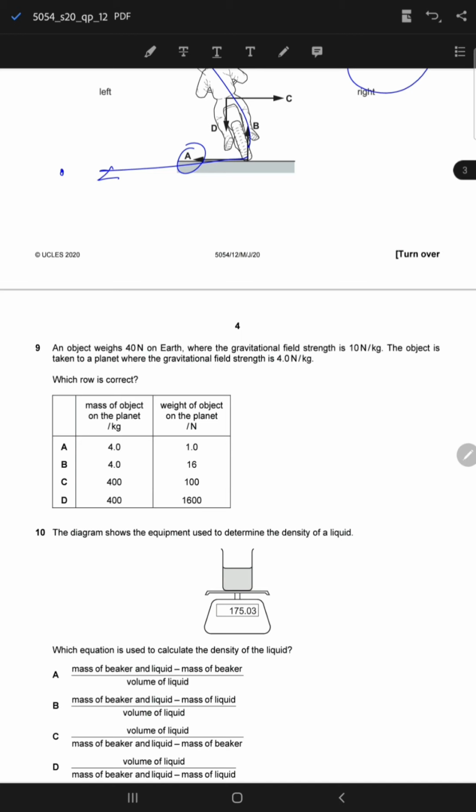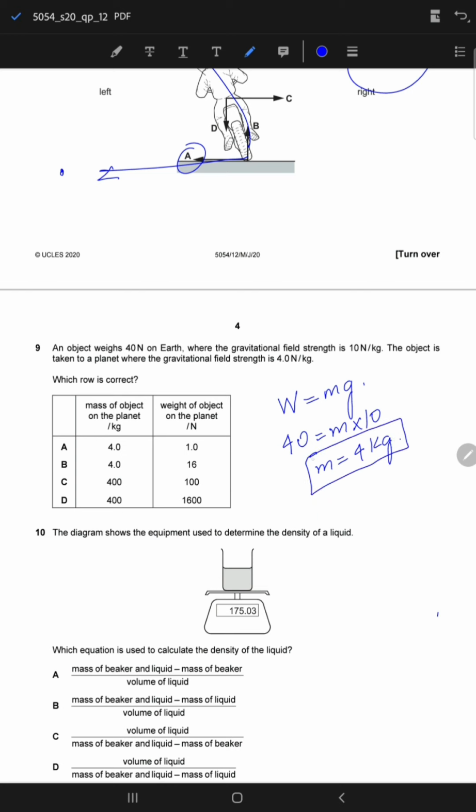On Earth, it has a weight of 40 Newton, and the gravitational field strength has been given as 10 Newton per kg. So you write the formula W is equal to mg, where W is the weight, that is 40, and you'll divide by the gravitational field strength to get the mass of 4 kilograms. So now you have the mass as 4 kilograms, and this mass would not change anywhere, right?